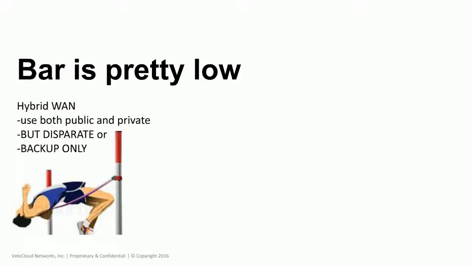A lot of our enterprise customers recognize this, which is why there's huge interest in seeing how we can apply SD-WAN to improve the state of the traditional hybrid WAN.